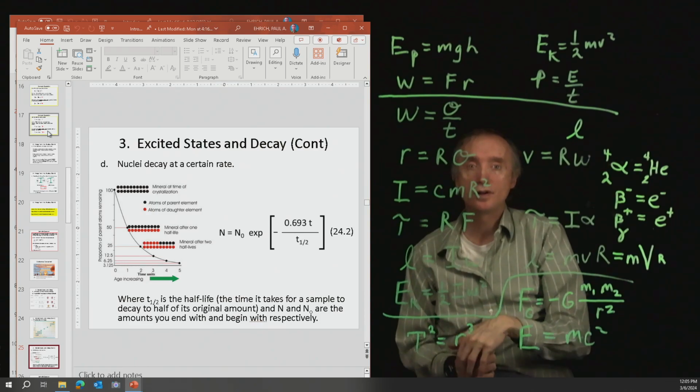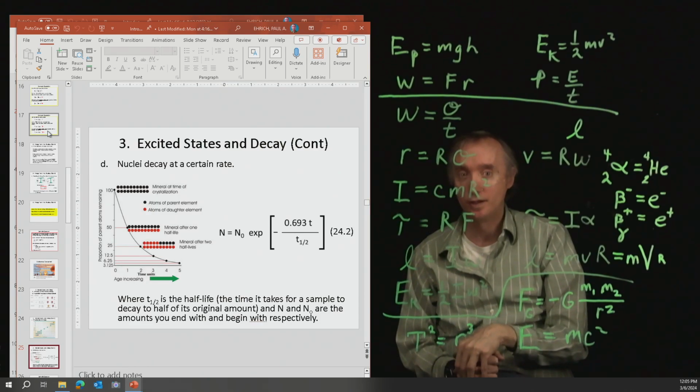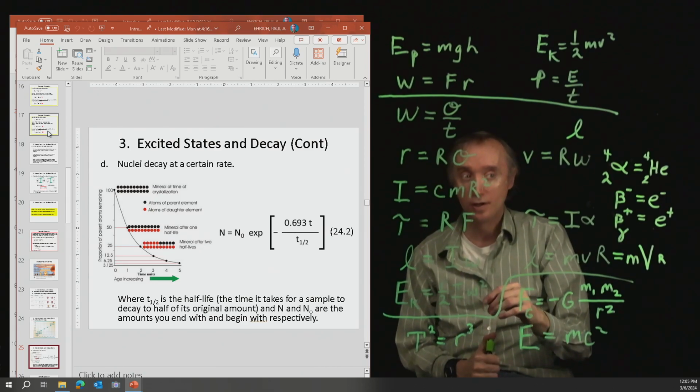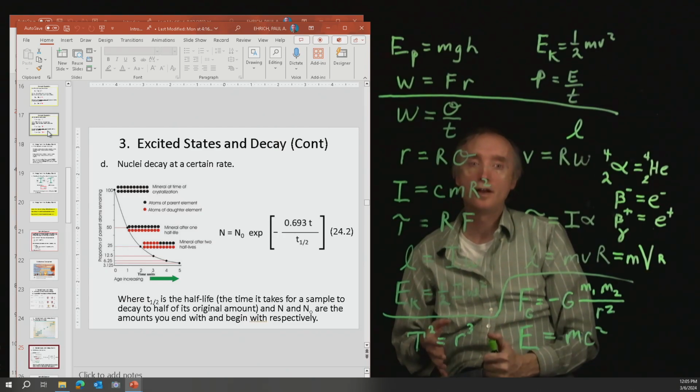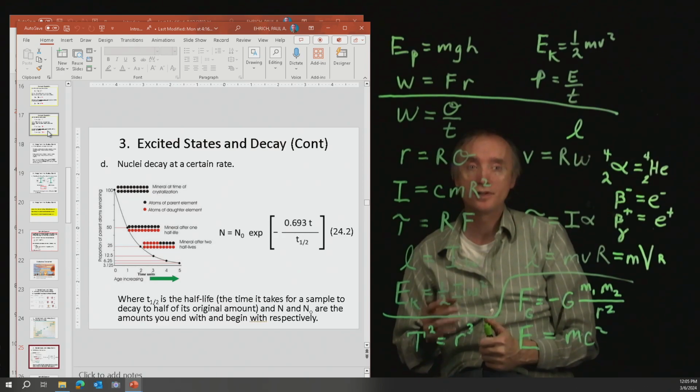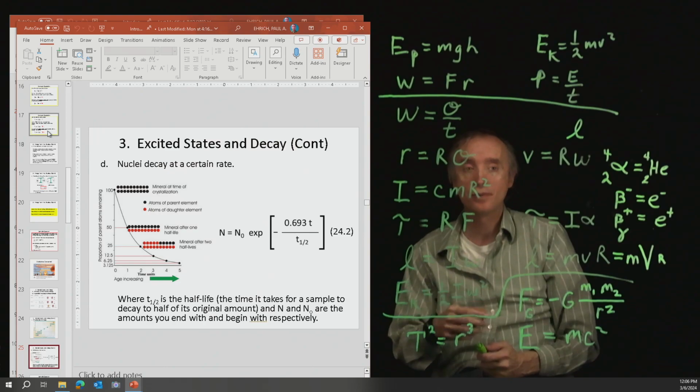Then we talked about the amount of time it takes to decay, and this is where we get the idea of the half-life. You need to know the word half-life and what it means. The half-life is the time it would take for half of a particular radioactive substance to turn into something else.